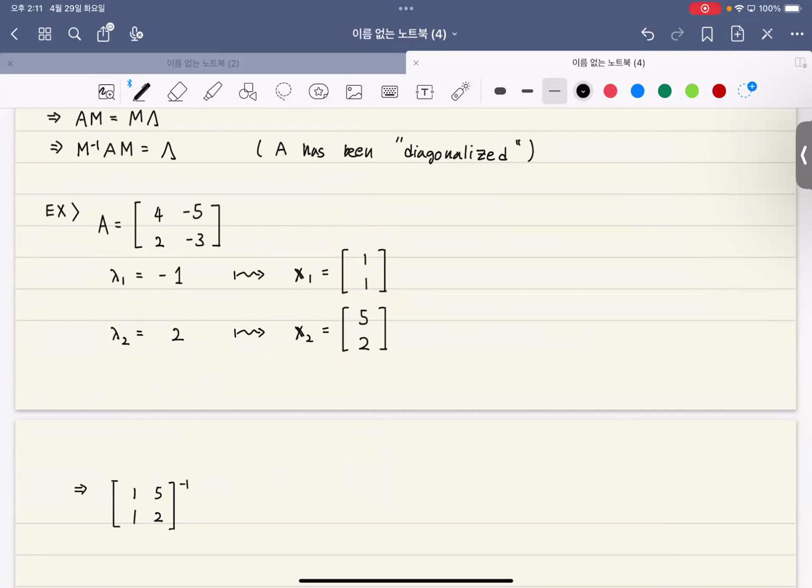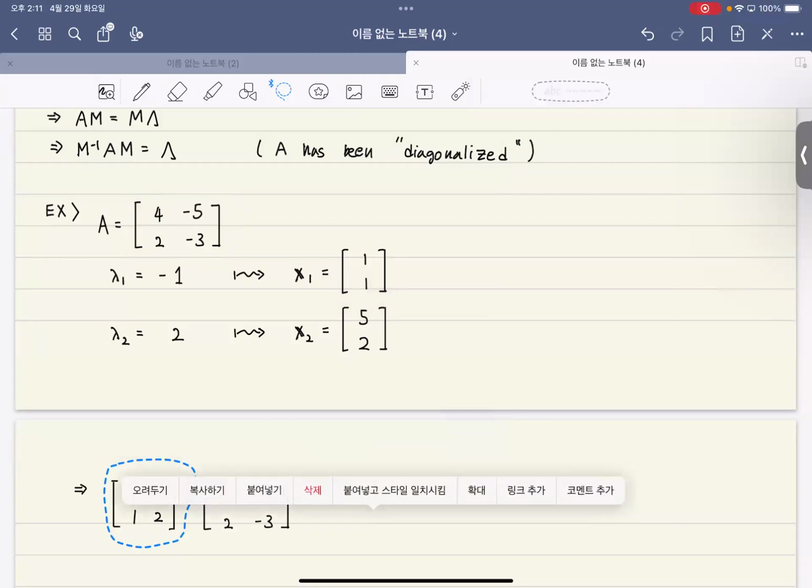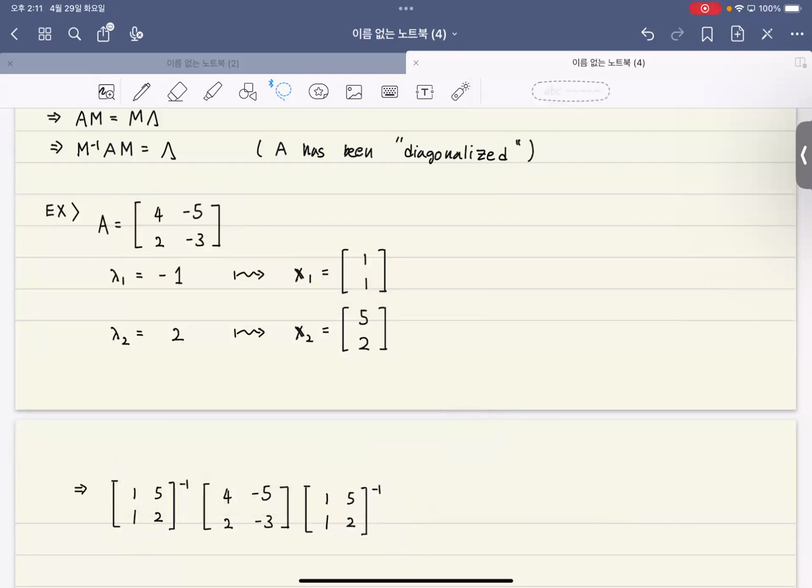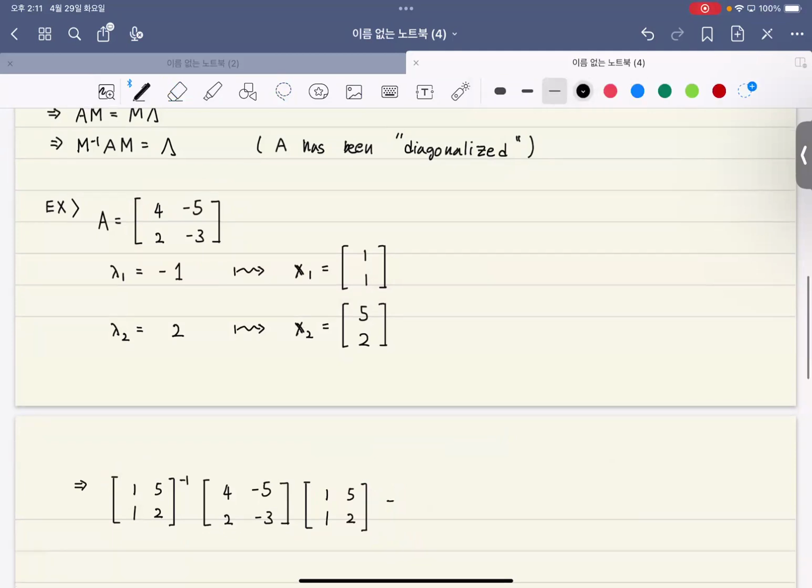And this matrix inverse times matrix A times this matrix. Now, can you guess the entries of this resulting matrix?